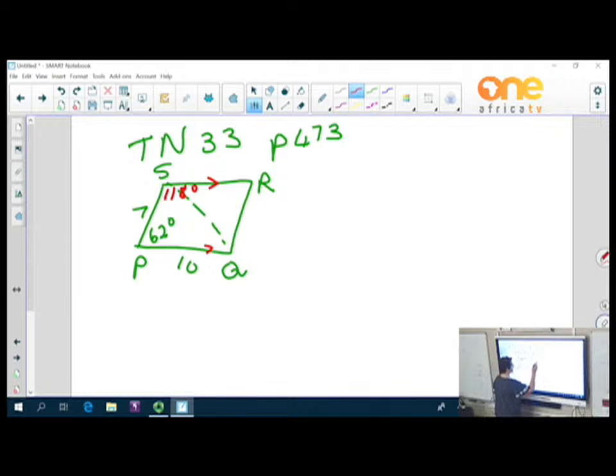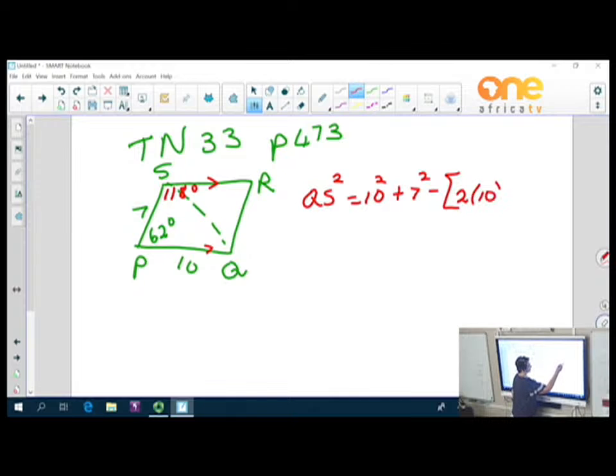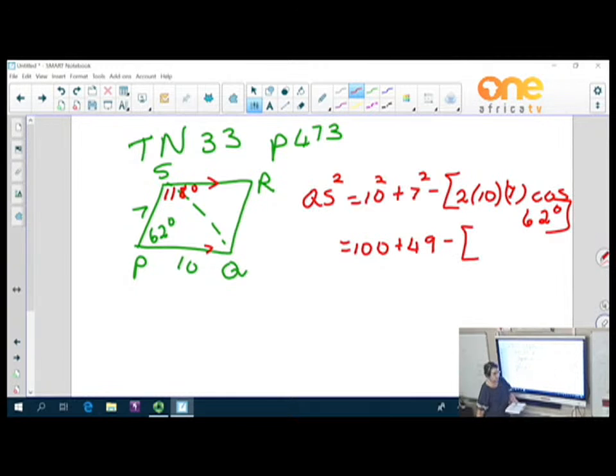So I can say that QS squared is equal to 10 squared plus 7 squared minus 2 times 10 times 7 cosine, and this is this angle here, 62 degrees. So this is 100 plus 49, and now we have to get that value inside the brackets.